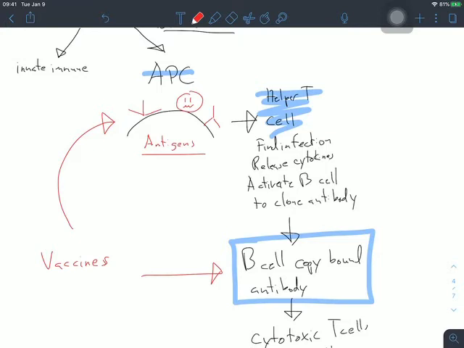Either you're making them or they're just exposing you to a large amount of this protein, so that way your antigen-presenting cells can make it. Your antigen-presenting cells present the antigens, recruit the helper Ts. The B cells start working on better antibodies to bind those antigens more effectively. And with things like measles or smallpox or other horrifying diseases, you can actually make antibodies that are so effective that they really do prevent you from getting ill or as ill in the future.